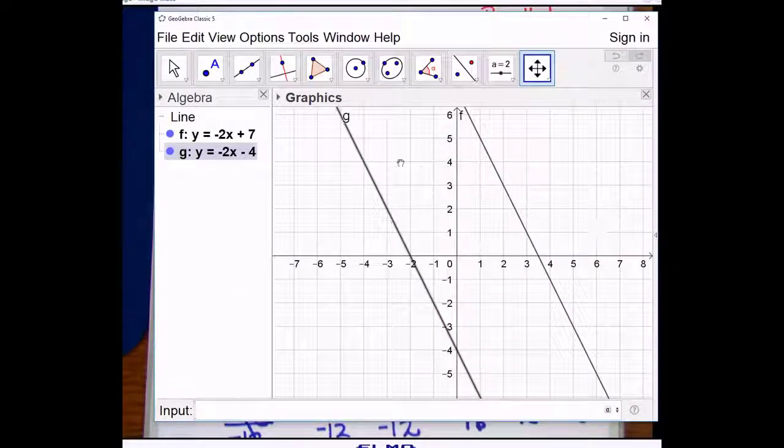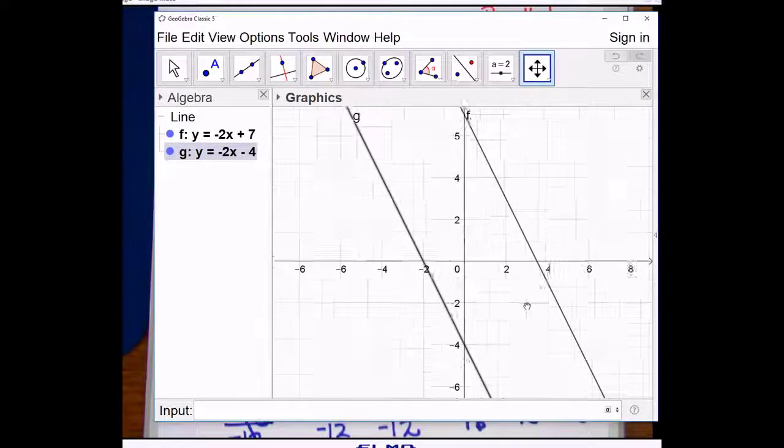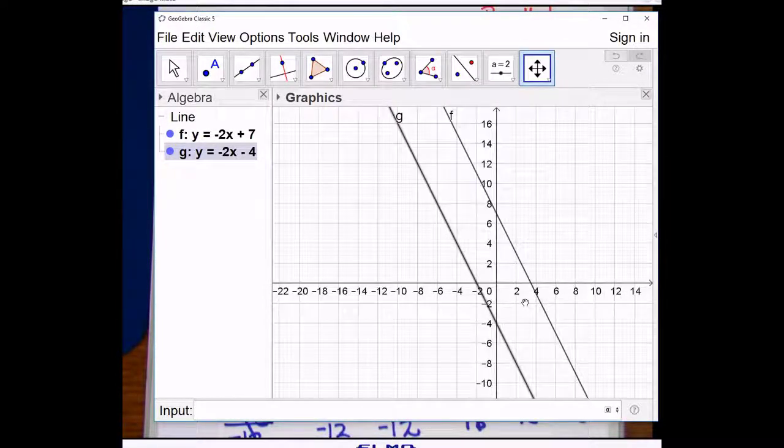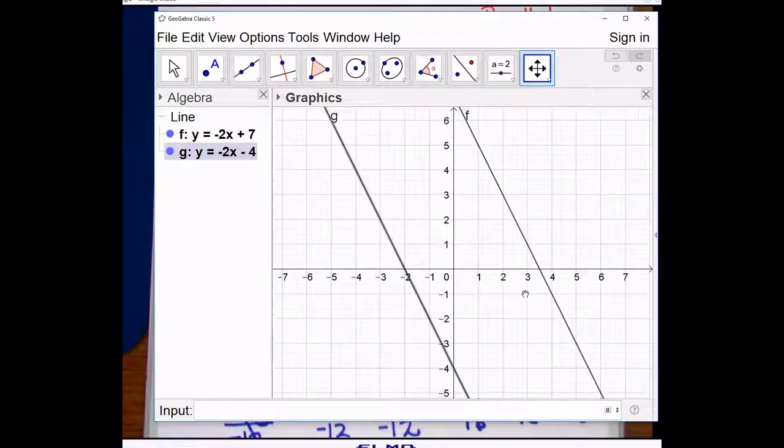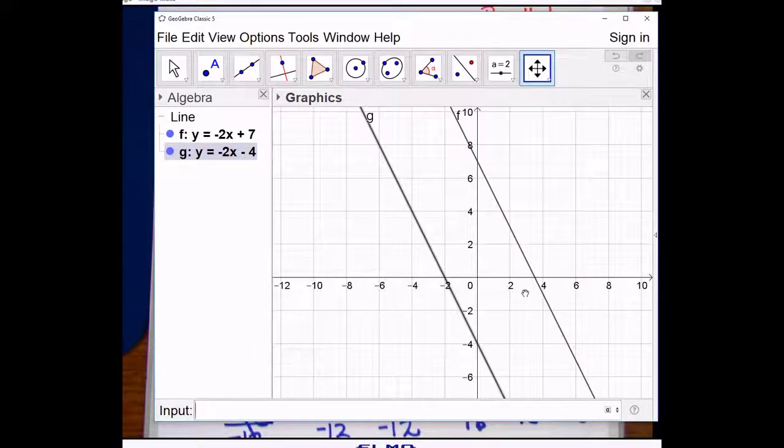And now you can see that these are parallel lines, sides of the road, right? They run side by side, never meet, and they're always the same distance apart. Now, if I zoom out, it appears that they're getting closer, but that's just my zooming. Okay, notice that they never meet.